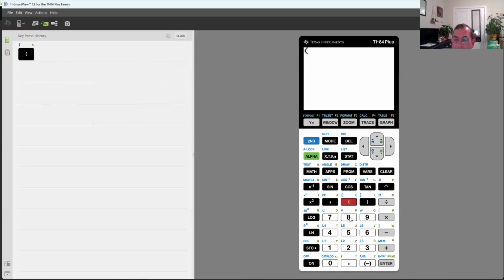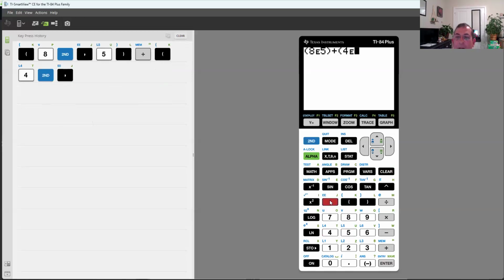So parentheses, 8, second, comma, and that one had an exponent of 5, close parentheses, and then it was plus, open parentheses, 4, second, comma, that's the times 10, and then this one had an exponent of 4. Close parentheses, and hit enter. Notice that gave me 840,000. Let me write that down.